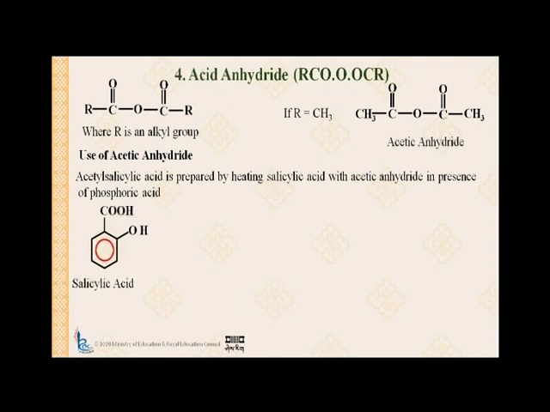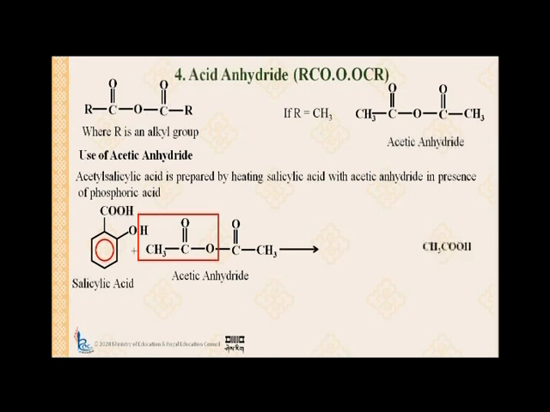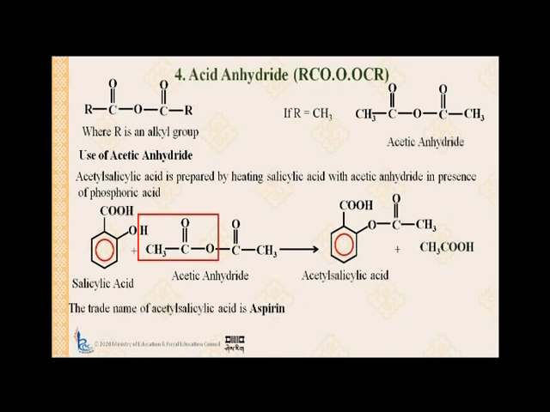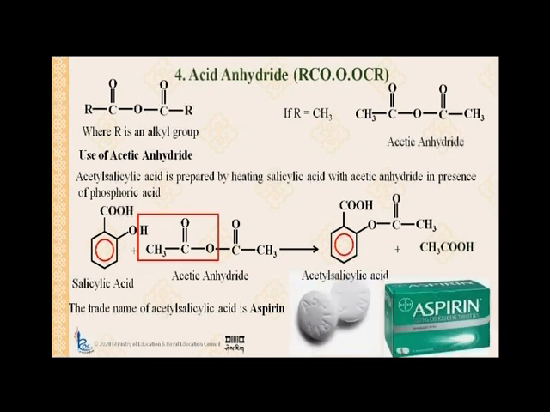Let's say this is the salicylic acid that we have, and when you heat it with acetic anhydride, the acetate part of the acetic anhydride and the H of the salicylic acid combine together to give you acetic acid, CH3COOH. Then the rest of the compound joins together to give you acetyl salicylic acid. And what is the use of acetyl salicylic acid? The trade name of acetyl salicylic acid is aspirin, which we use in our daily life whenever we fall sick.